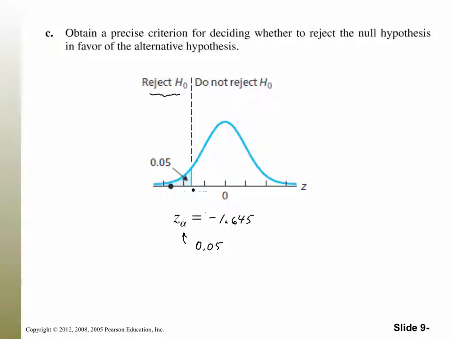If it's to the left, then that's just too low of a sample average for us to say that he might be able to drive at 275 yards. But if that sample average gives us a z-score greater than negative 1.645, then what's our conclusion? We do not reject, and we say maybe. Yeah, so it very well may be that he can drive at 275 yards on the average.